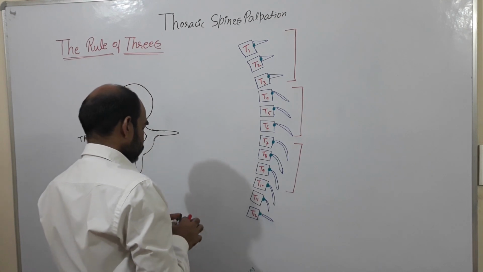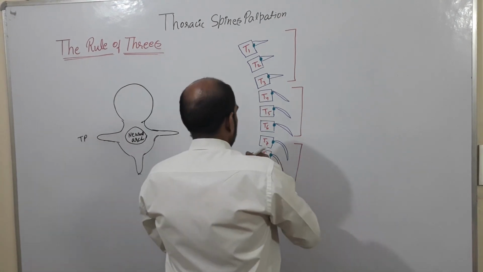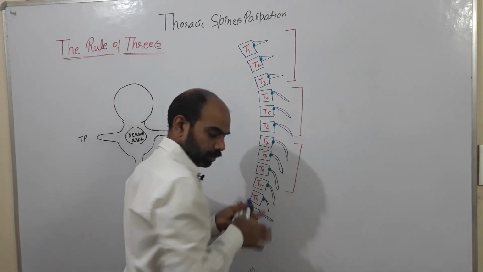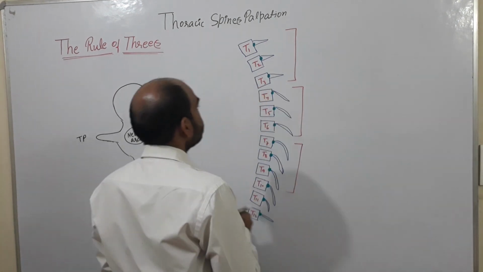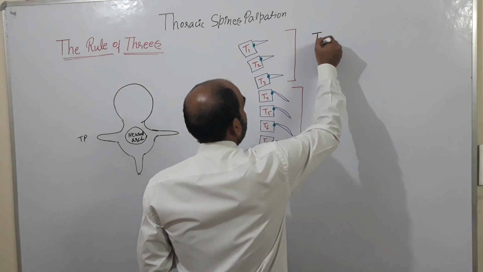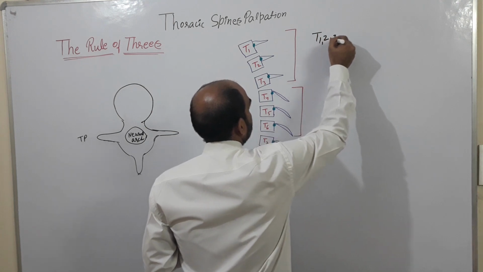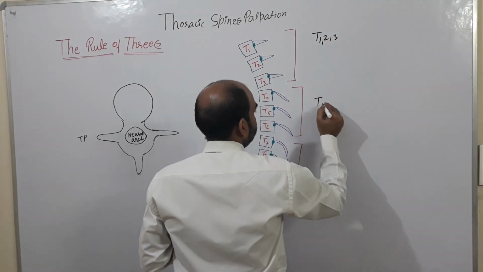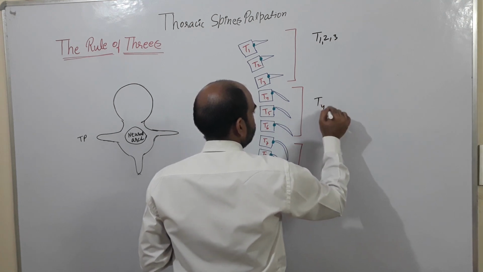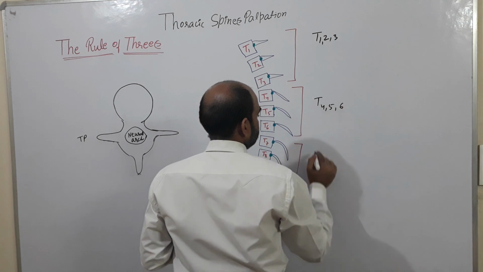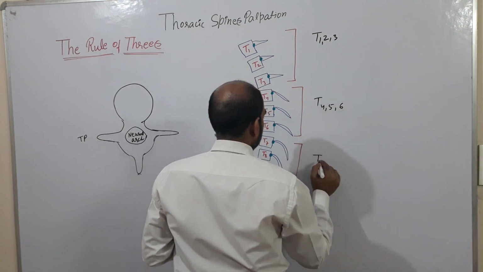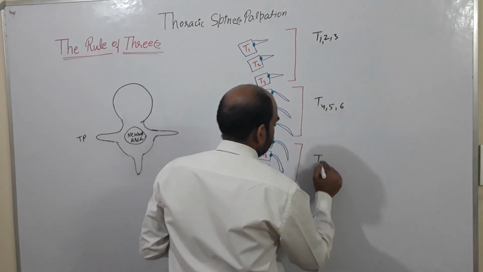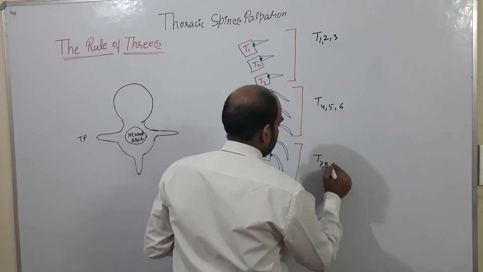This is T1, 2 and 3, second group T4, 5, 6 and third group T7, 8 and 9.